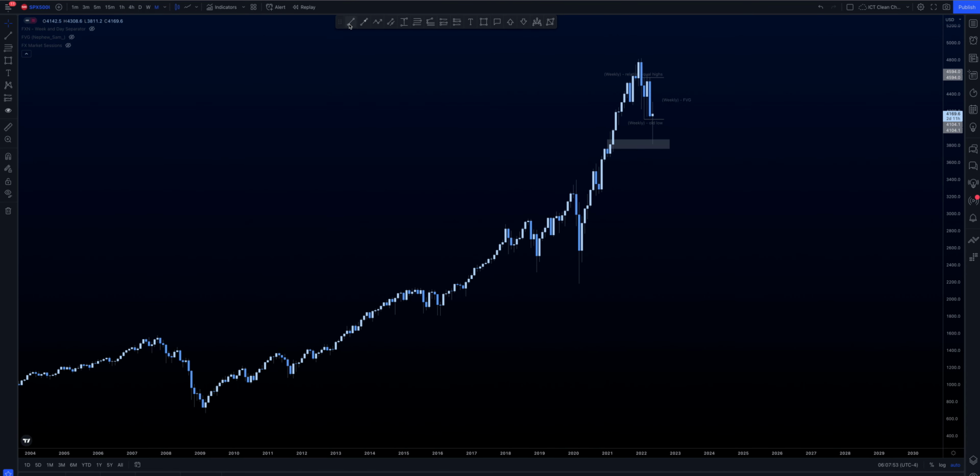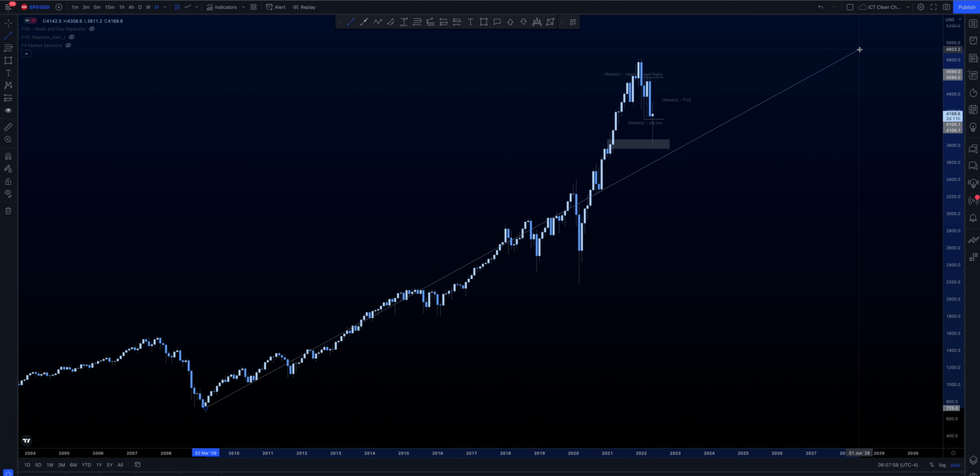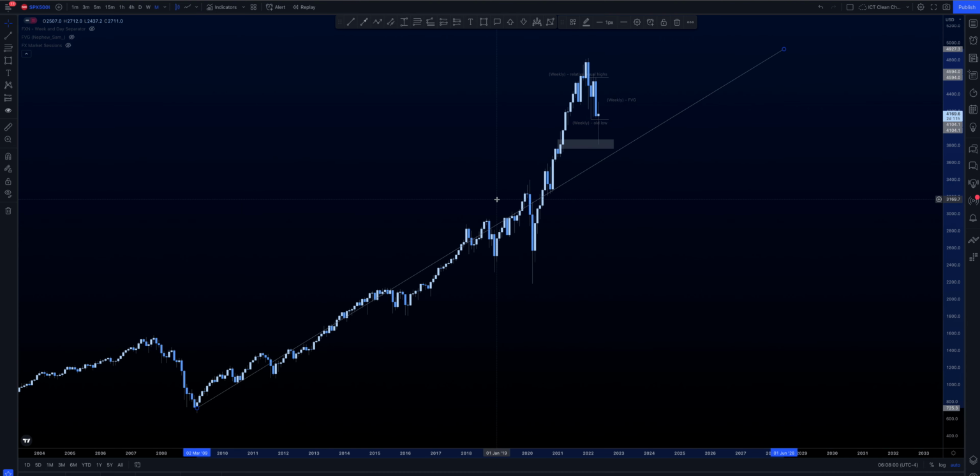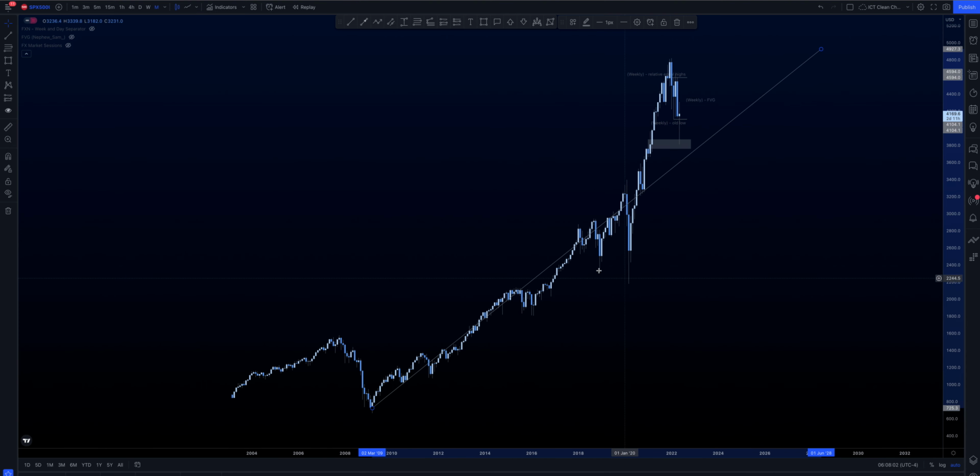What I've also been looking at, if you look at where the average is, the trajectory, so when we had this crash here, we've taken the lows here, this would have been in 2019 into 2020.